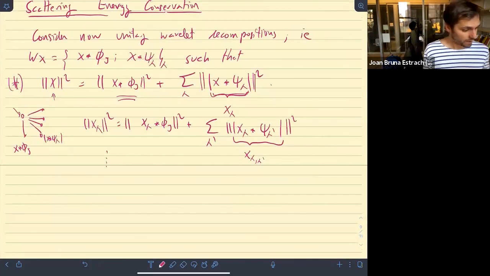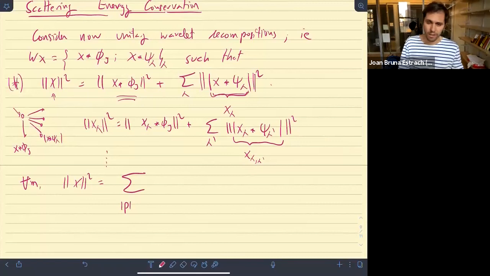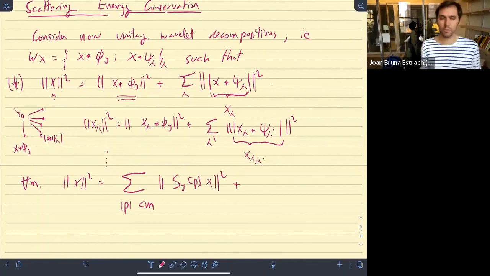So what this is saying is that for any m, the input norm of the signal can be written as the sum of all the scattering paths up to length m plus the residual.